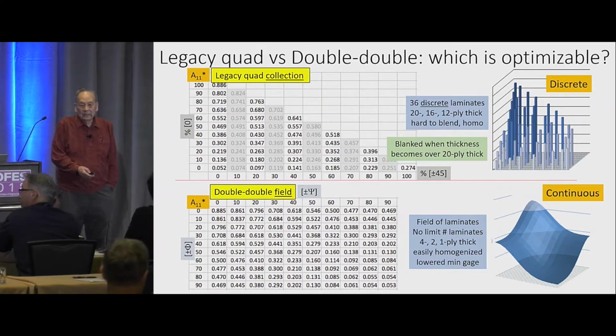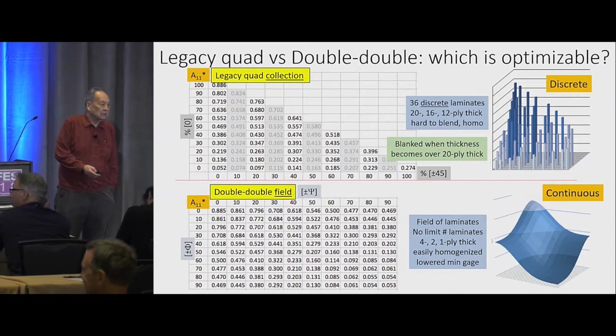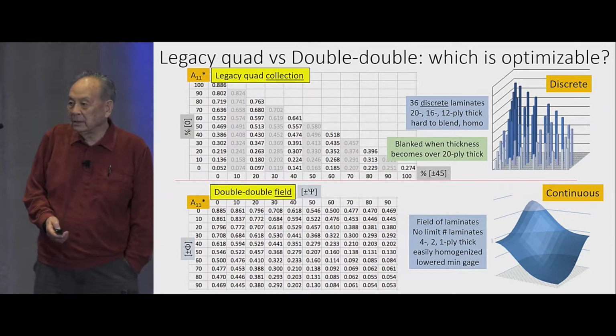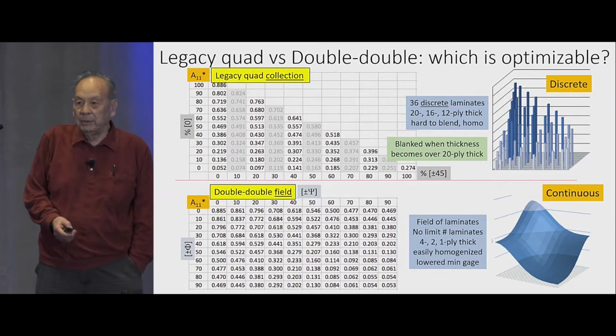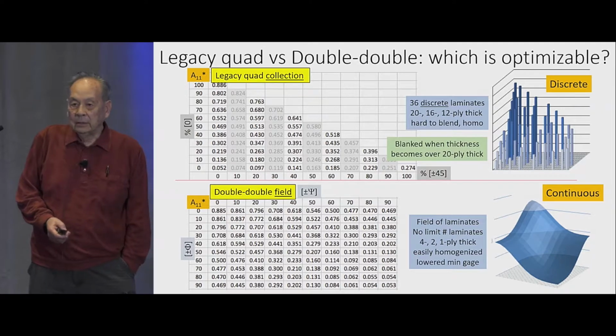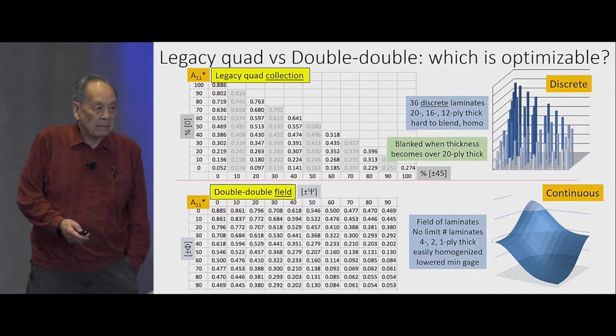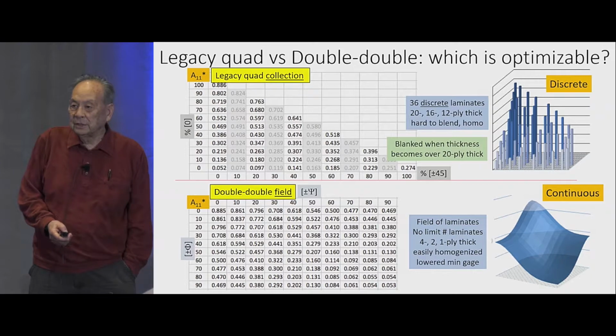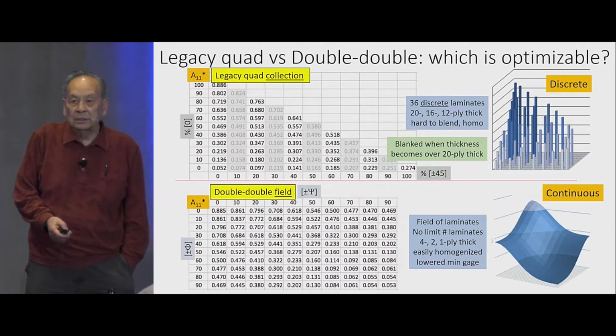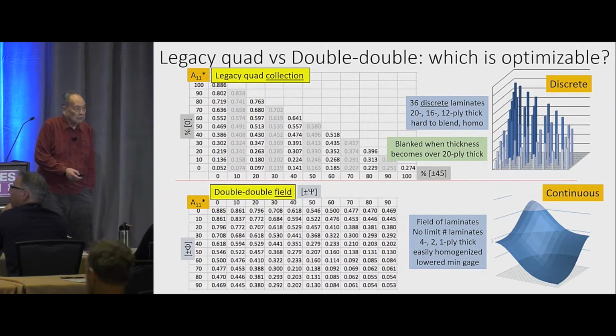And it is a field. It is continuous. And the advantage of that is it remains at most four plies thick. When you change the properties, you change the angles. You can change the angles continuously so that you don't have the blending problem that you have with the traditional quad design.